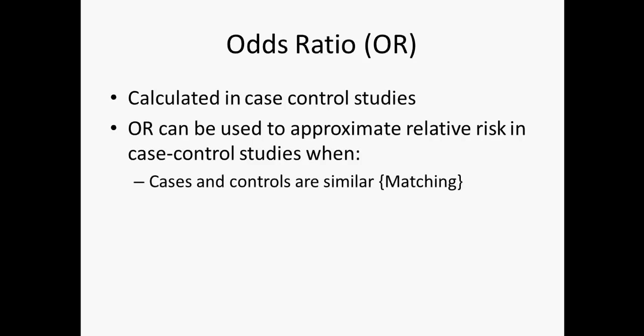So if we perform matching and we calculate an odds ratio, we can get a very close estimate of relative risk if we would have done a cohort study using the same exposure and outcome. And secondly, we need to remember that the disease should be rare. So in these two conditions only, we can say that OR can be used to approximate relative risks.